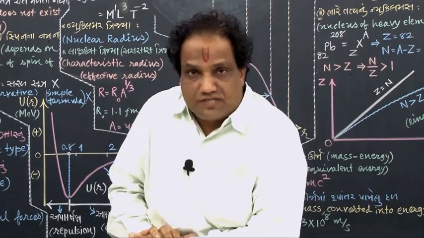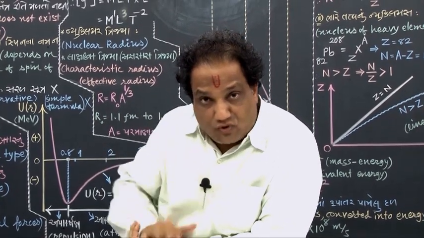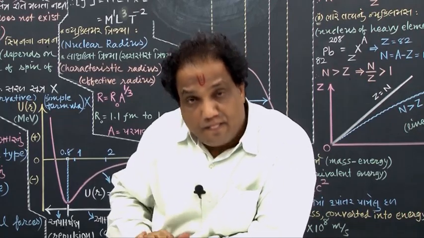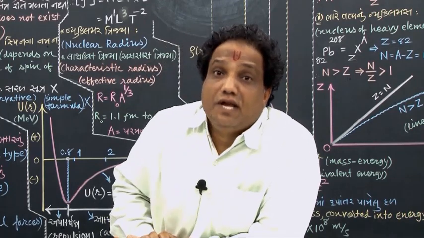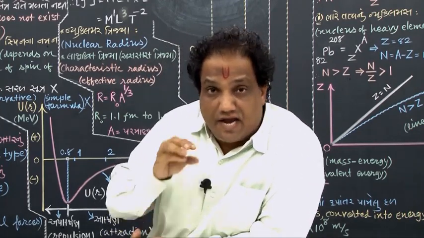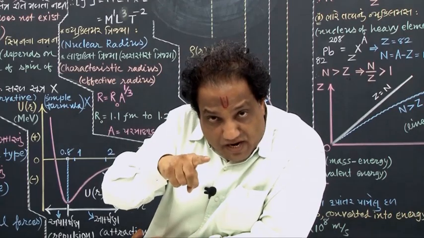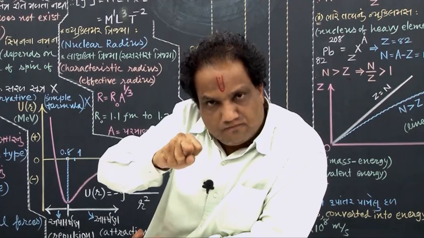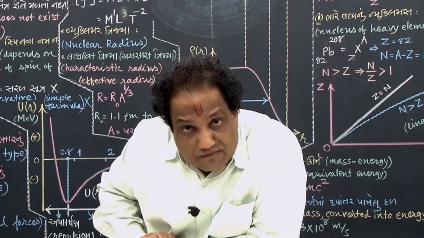Experiments have proved that though there are very strong repulsive forces between the protons inside the nucleus, they can still remain within the nucleus. It means that along with these repulsive forces, there must be enough attractive forces prevailing, which can balance those strong repulsive forces.